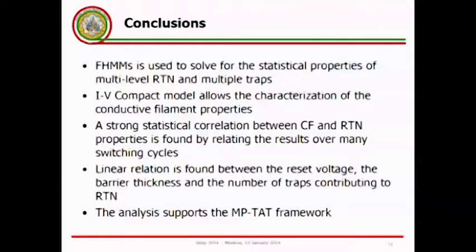No point-to-point relation between noise complexity and barrier thickness arises, but a statistical relation between them is clear when we look at their behavior over successive switching cycles. In particular, a linear relation is found between the reset voltage, the barrier thickness, and the average number of traps contributing to the RTN, and everything is encapsulated in the multiphonon trap-assisted tunneling physics model.